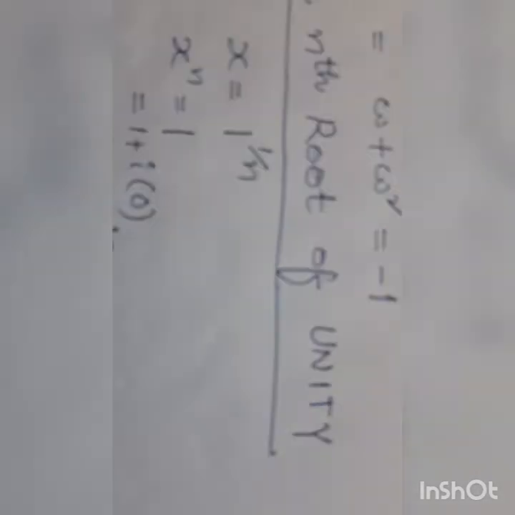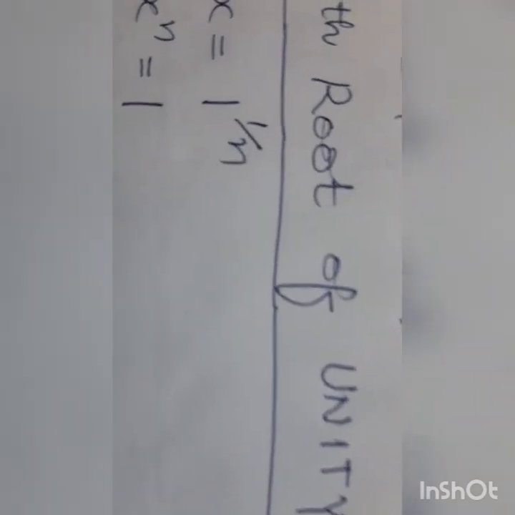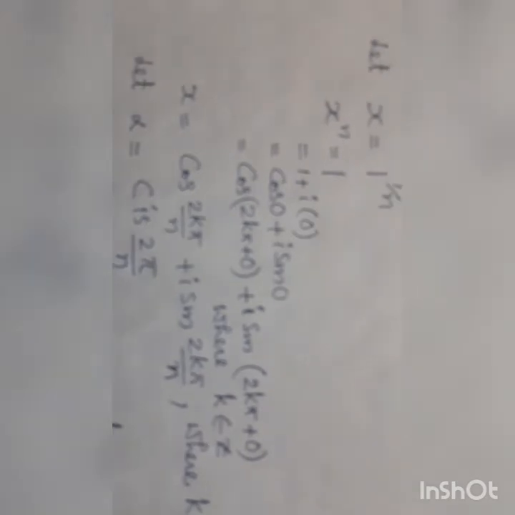Because x is 1 to the power 1/n. What is x here? Cos 2kπ plus i sin 2kπ, where k belongs to Z. This is x to the power n.